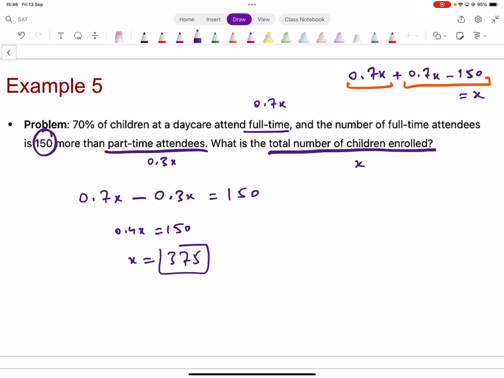That's the total number of children. You can try that equation as well. This gives us 1.4x minus 150 equals x, and that will give you 375 as well. Is that okay?